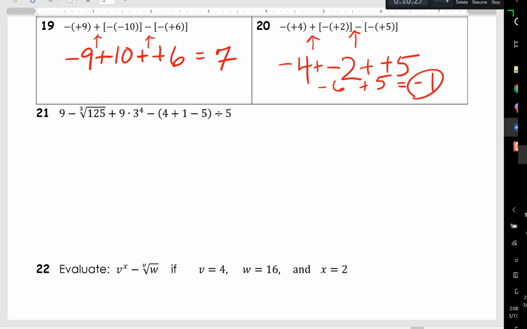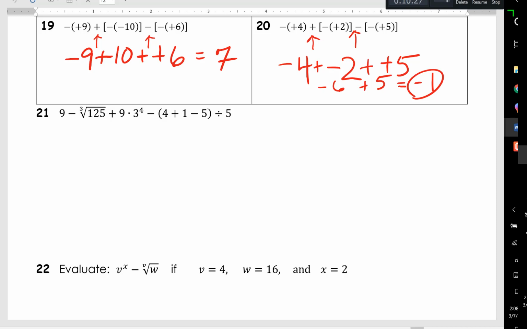All right, number 21, you got to be really careful and follow your order of operations. The first thing you do is parentheses. That means anything in parentheses or brackets or under a radical sign or absolute value, anything like that where things are grouped inside of some kind of barrier.